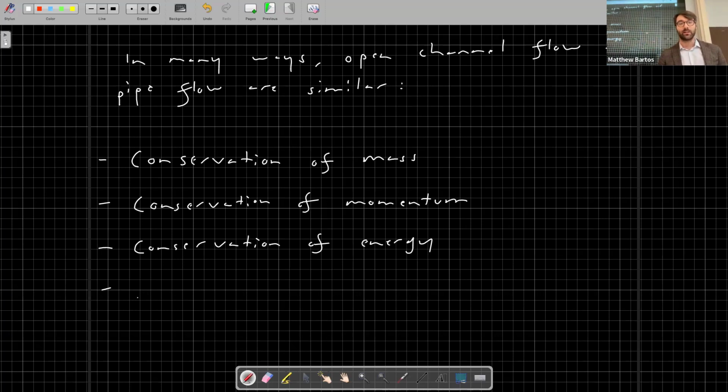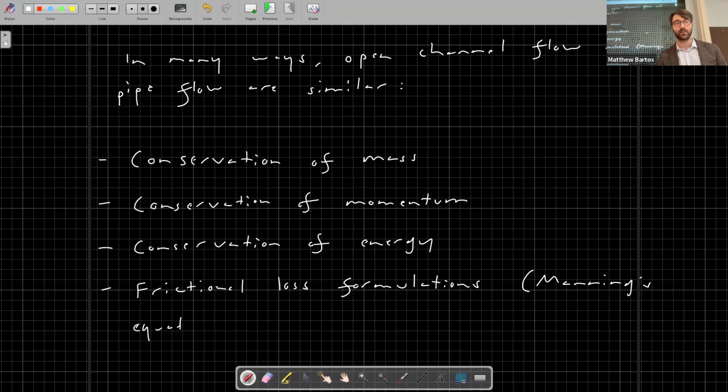So I'll write frictional loss formulations. These are going to be very similar for open channel flow. Generally, over open channel flow, we're going to be using Manning's equation, although it is possible to use the other frictional loss equations as well.